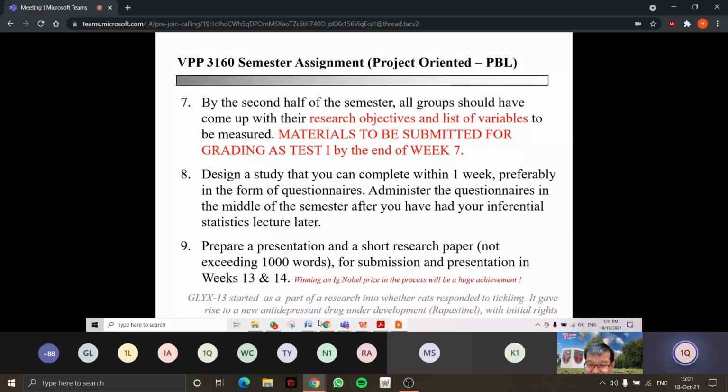Okay, for example, you want to study if the Limburger cheese is actually a very good mosquito attractant. So what do you measure? You measure the number of mosquitoes in the room, for example, and after the cheese is introduced, you analyze the data and see whether there are differences before and after the Limburger cheese has been introduced. So these are the kind of things that you need to think about, you need to design in order to do your research.